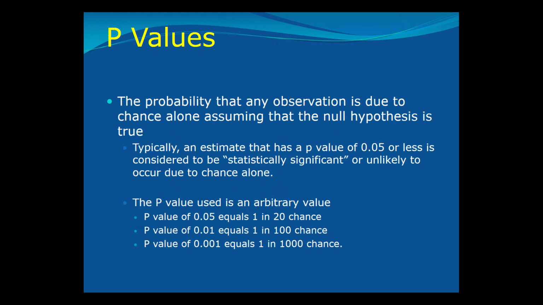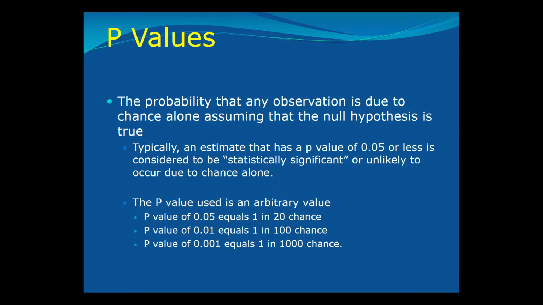P-value is the probability that any observation is due to chance alone, assuming that the null hypothesis is true. Typically, an estimate that has a p-value of 0.05 or less is considered to be statistically significant, or unlikely to occur due to chance alone.